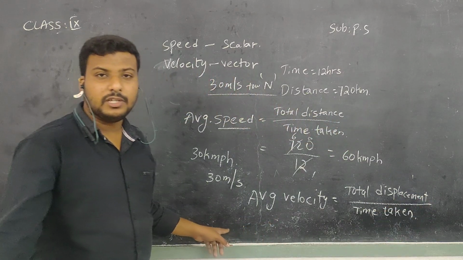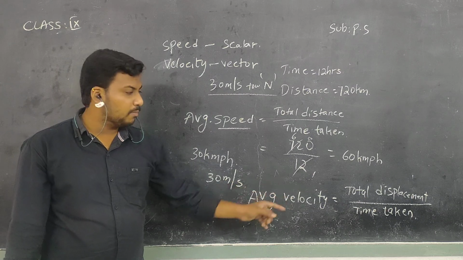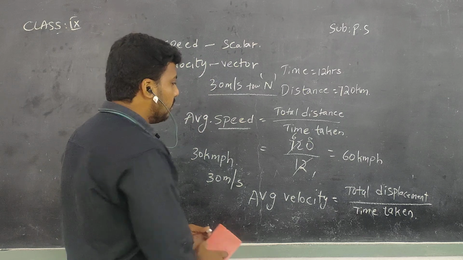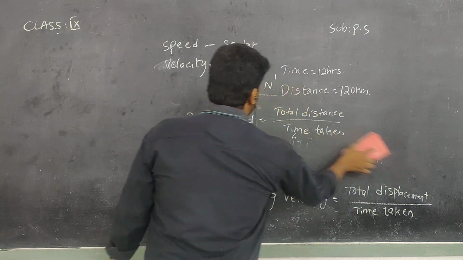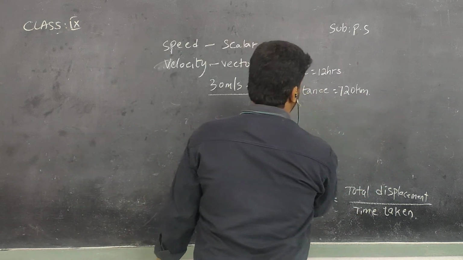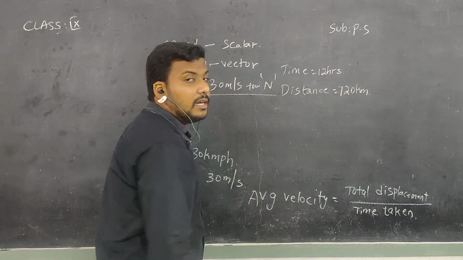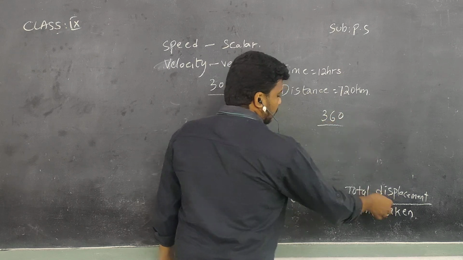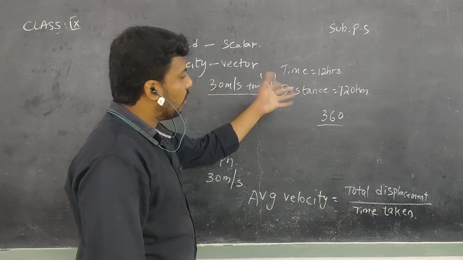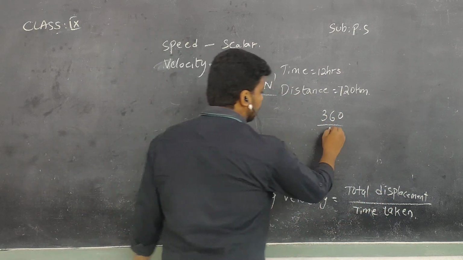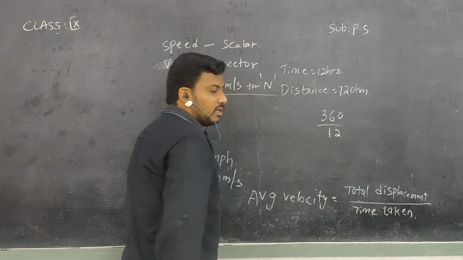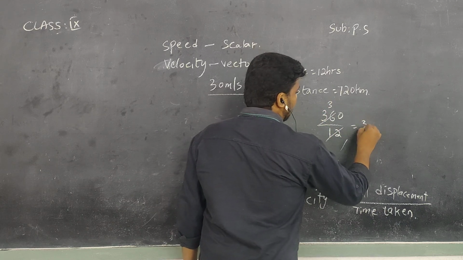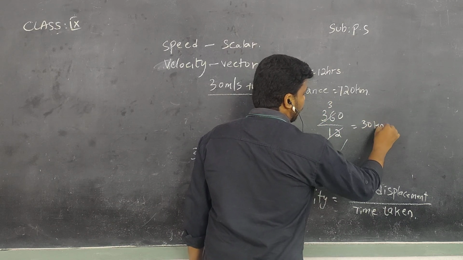So average velocity formula is total displacement by time taken. What is the total displacement? Okay children, the train is moving with 360 kilometers in the southwest direction. So 360 is the displacement. Again time taken is 12 hours. So can we say, children, 12 ones are 12, 12 threes are 36. So 30 kilometers per hour.